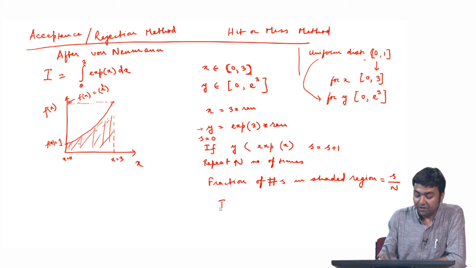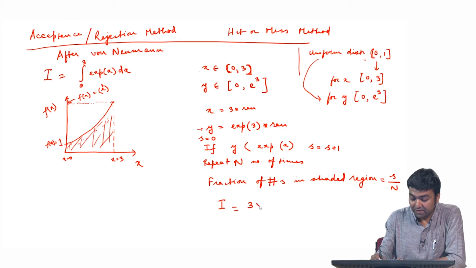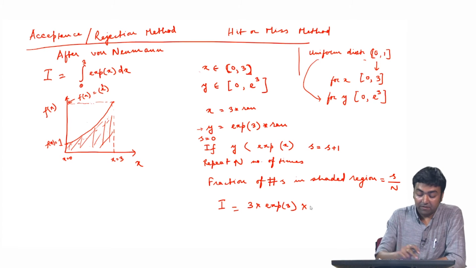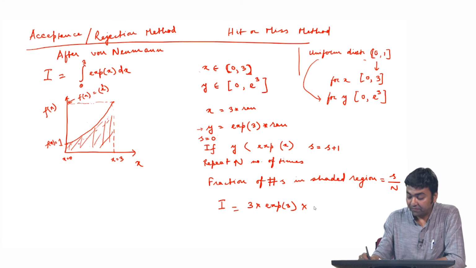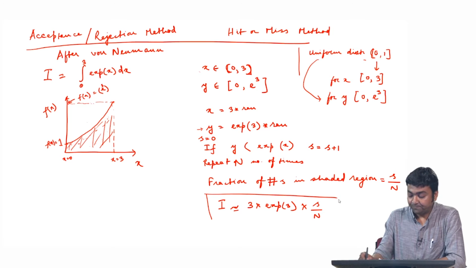So, my value of the integral will be equal to 3, that is the length of the rectangle, into exponential 3, that is the breadth of the rectangle, and the fraction of points which fall under this shaded region. So, this is my estimate of the integral.